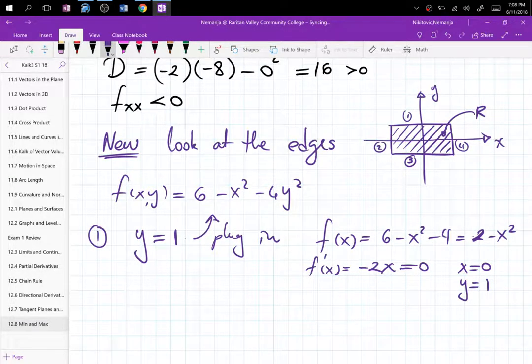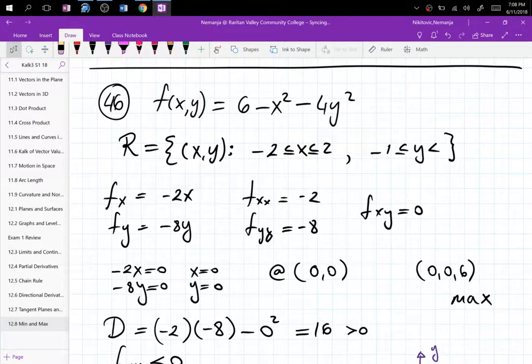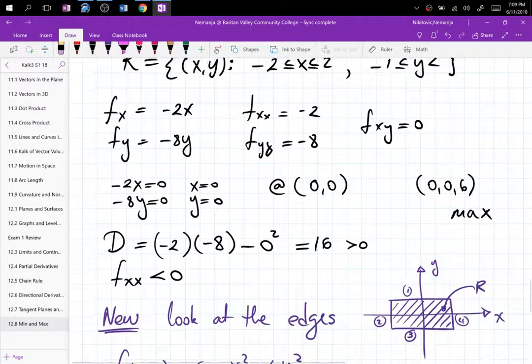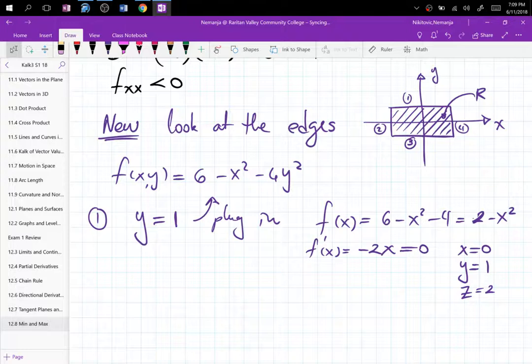And then when you feed all of that into this equation or the original one, you will get that z is equal to 2. You can put it in the original equation over here, or you can just use this equation to calculate your z, whatever. So now we found another point, which is 0, 1, 2. Now we know that 0, 0, 6, well, 6 is larger than 2, so so far that's winning. That's okay. Let's go calculate the second one.